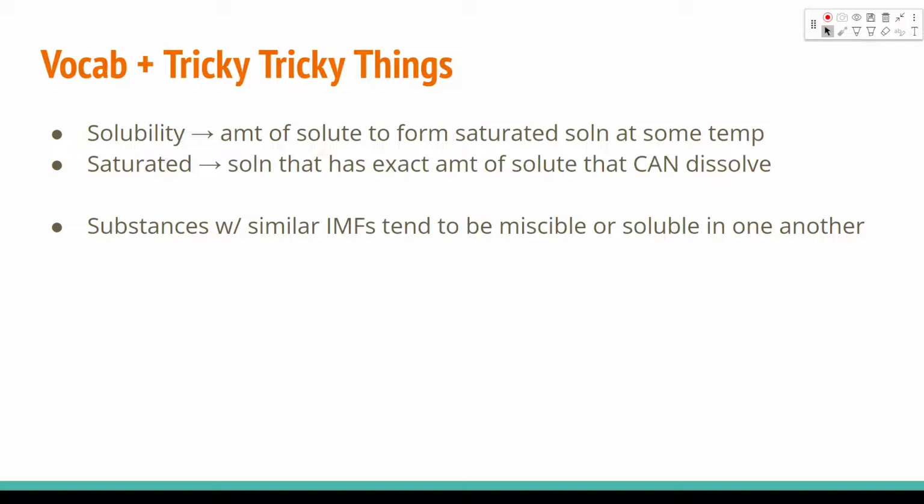If something has hydrogen bonds, for example, and I try to make it mix or dissolve in something else that also has hydrogen bonds or other kinds of DDIs, they're more likely to be able to dissolve with one another. If I have stuff that's in general nonpolar, then it's going to dissolve in nonpolar stuff. So like dissolves like. That's a very famous phrase you might hear in other videos. Alrighty.